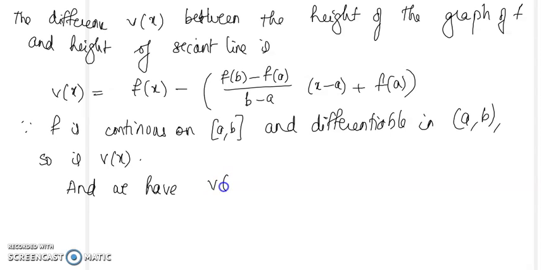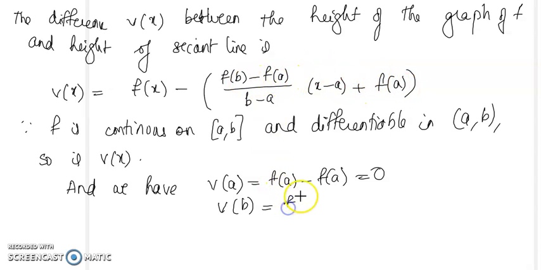And we have, let us look at the value of v of a. So when x is equal to a, ആ term 0 ആകും, so this will be f of a minus f of a, which is equal to 0, and v of b is going to be f of b minus, b minus a cancel out, so f of b minus f of a plus f of a. f of a cancel out, ബാക്കി നമുക്ക് f of b minus f of b ആയിരിക്കും, so that is again equal to 0.